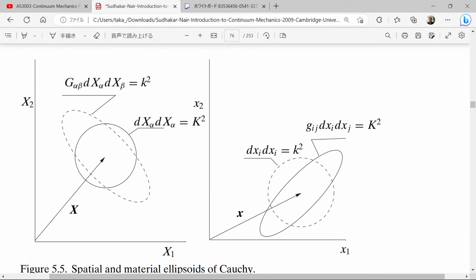Yeah, so you have a sphere in material coordinates, which is mapped to an ellipsoid in spatial coordinates. If you have a sphere in spatial coordinates, it is a map of an ellipsoid in material coordinates.